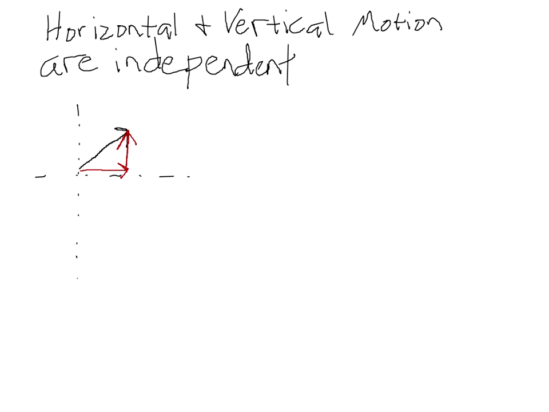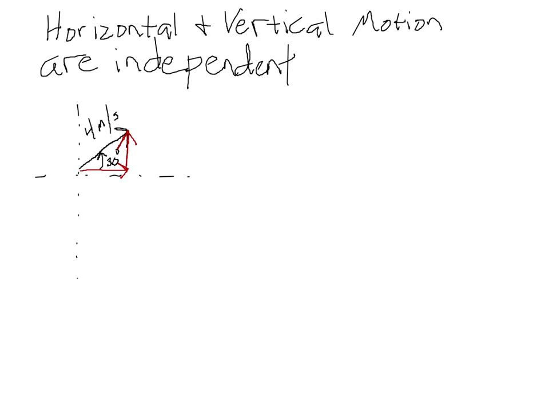Okay, let's go ahead and stick with what I've already got drawn there. And let's say that this arrow that I have drawn represents a velocity vector of, say, 4 meters per second at an angle of 30 degrees with respect to the horizontal.